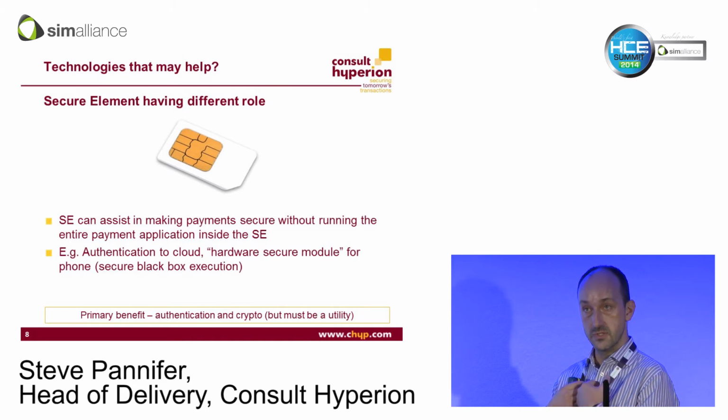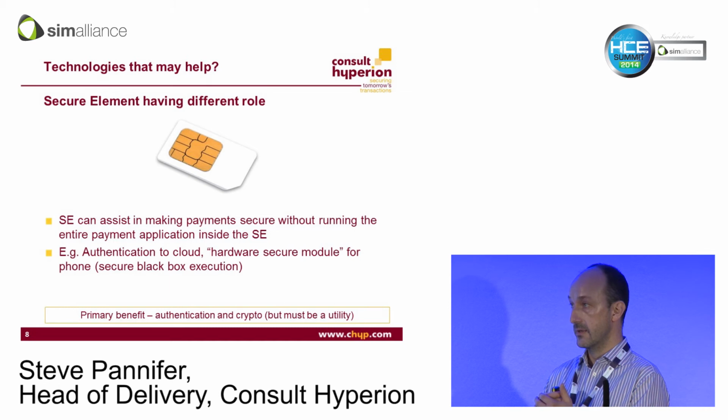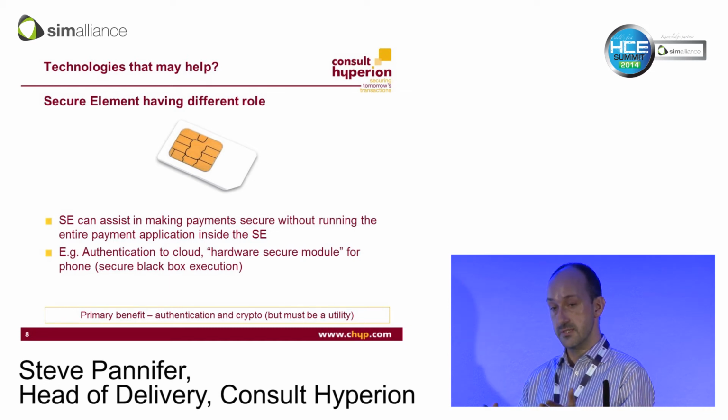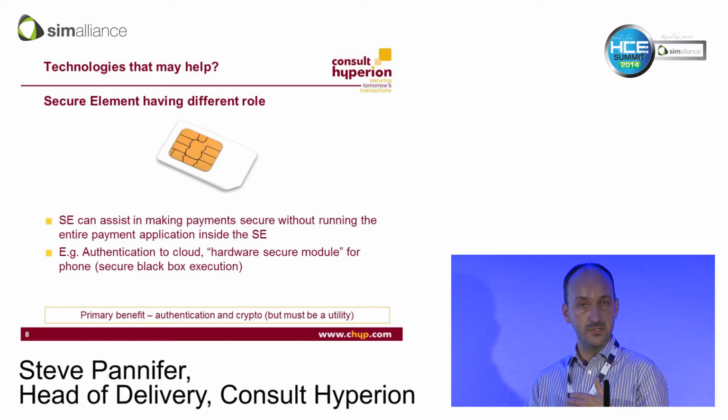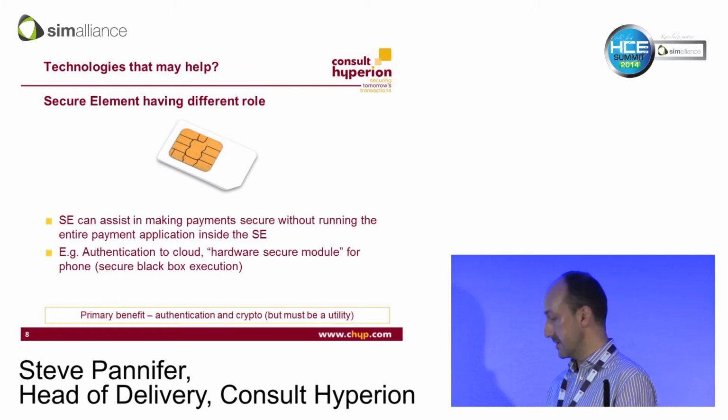If you're looking to deploy a payment application, or in fact any application, but I'm thinking about payments particularly here, to a device that's going to use HCE, then for the moment, potentially you need to think about doing different things for different devices, or having in your device management the ability to distinguish between what the device is and what its capabilities are.